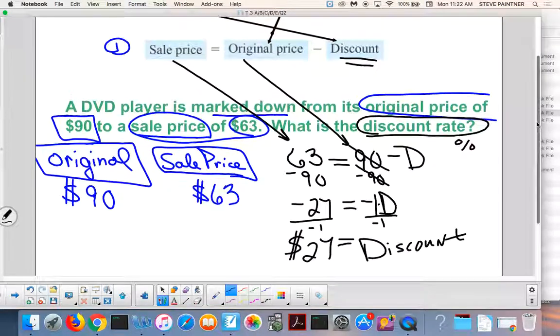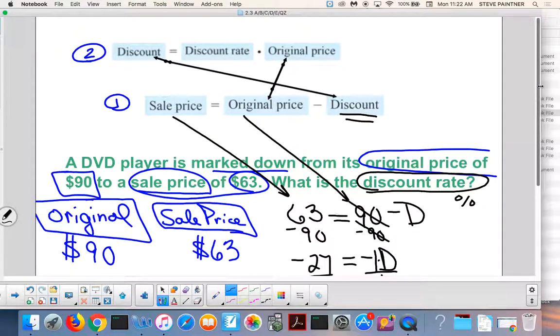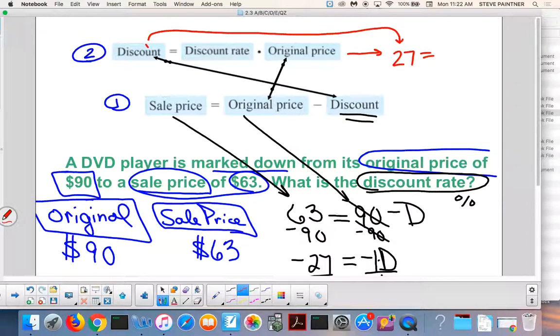Okay, well, let's go back up here. What is the discount? 27. Okay. What is the discount rate? We don't know. We're going to call it R. What is the original price? $90 for the DVD. It's originally 90.